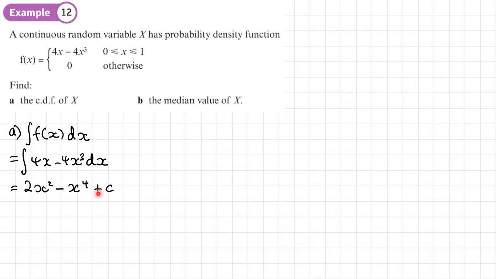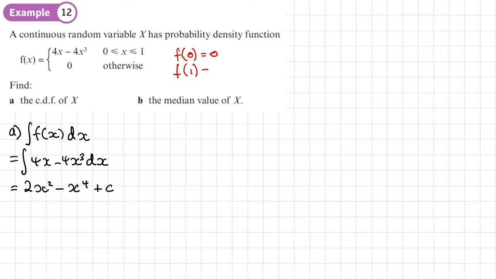Now we can use one or two values to find c. So for example, we know that when x is 0, the probability is 0. So we know that F of 0 equals 0. We also know that F of 1, this value at the other end, equals 1.